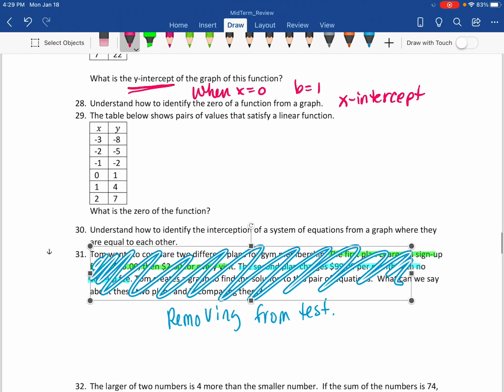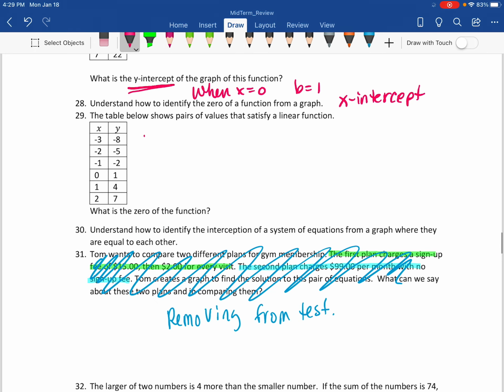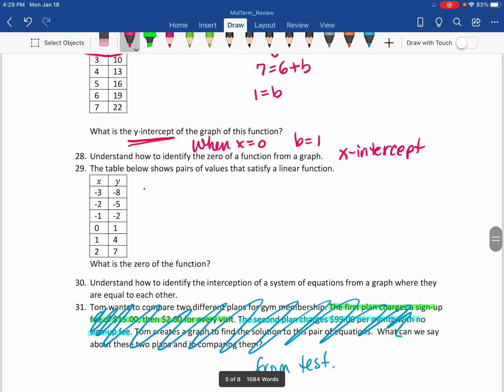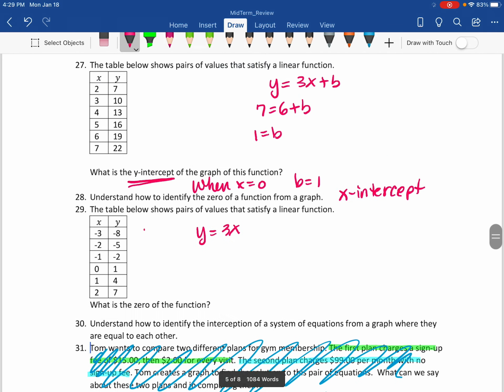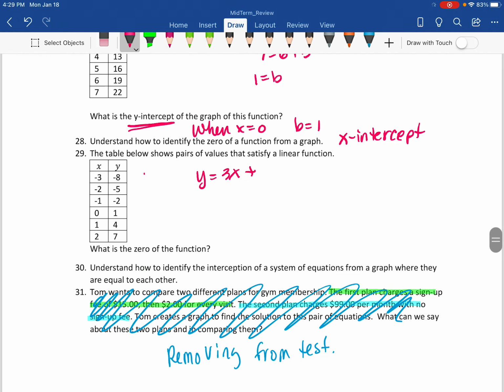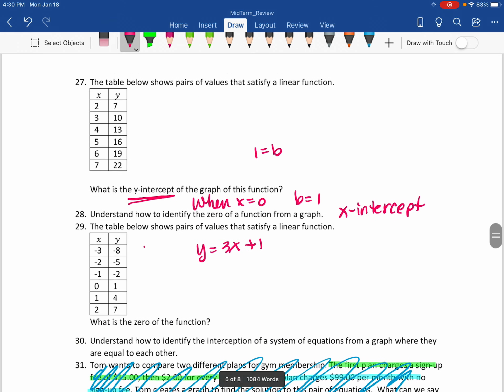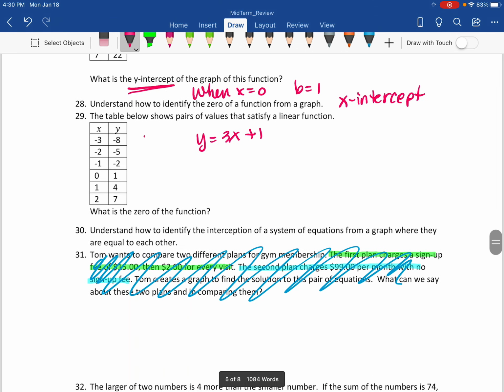You can't really go backwards. If I remember correctly, it actually gives you the same equation, y is equal to 3x plus 1. I think it's actually the same. I just picked different values. So you would do the same thing that you did in number 27 to find your equation.